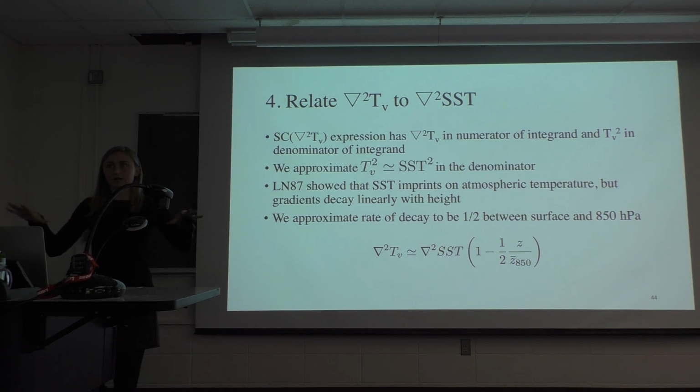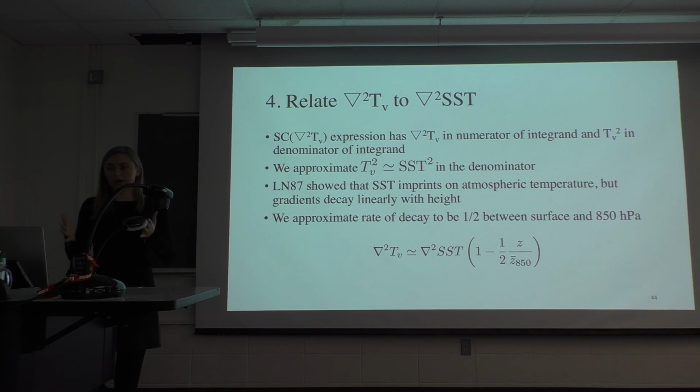There's an SST gradient at the surface, but then by weak temperature gradient approximation, there's not so much of a temperature gradient higher up. And Lindzen and Nigam have ideas about this, or have a piece that justifies doing this. They have a similar, but slightly different approximation.